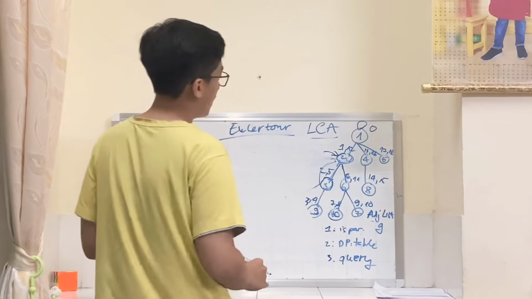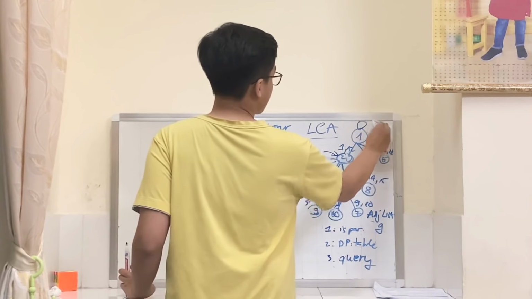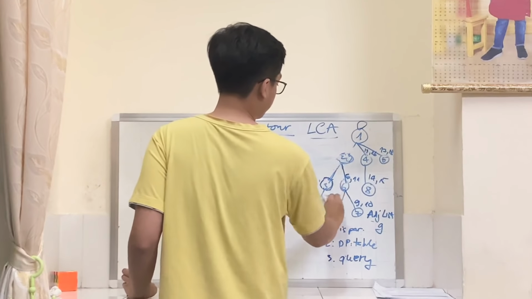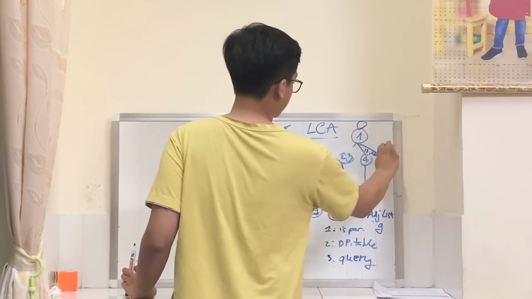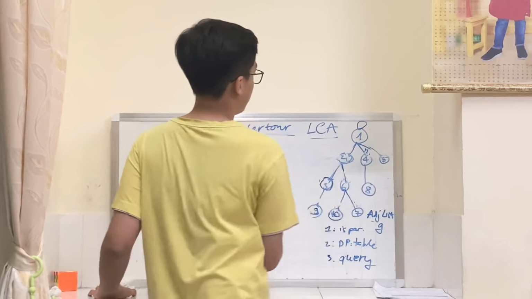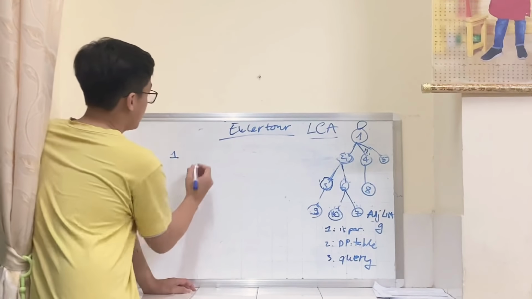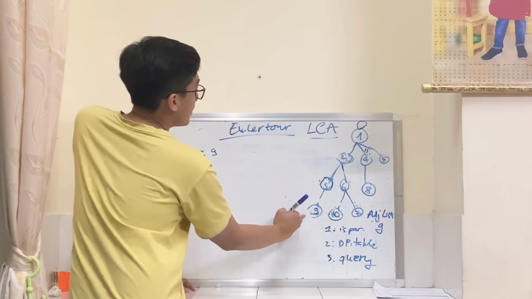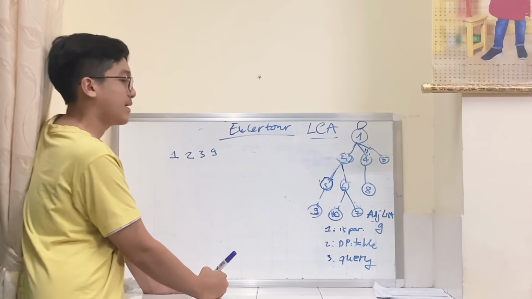Given this graph, you have the Euler Tour path. The Euler Tour of this tree starts with 1, and then 2, 3, 9, and then it gets back to 9.